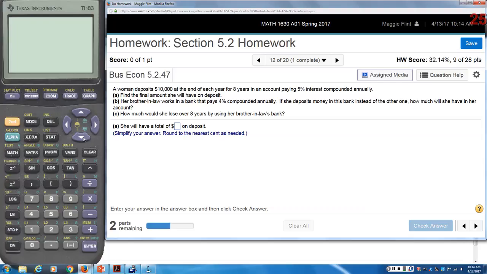Would I subtract a certain number from that? When she makes the 8th payment, her balance is $8,000. So when she makes the 9th payment, it drops down below $8,000.